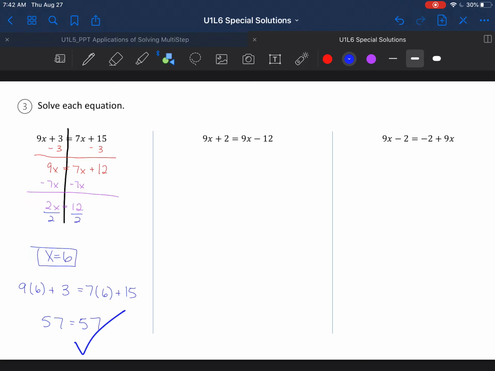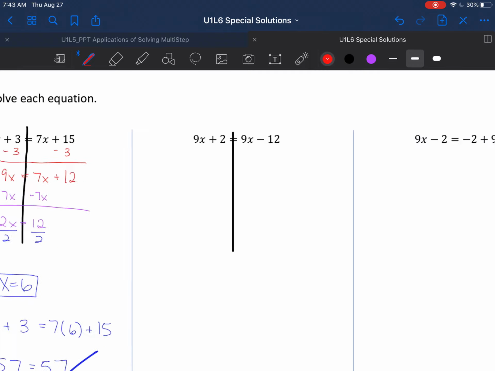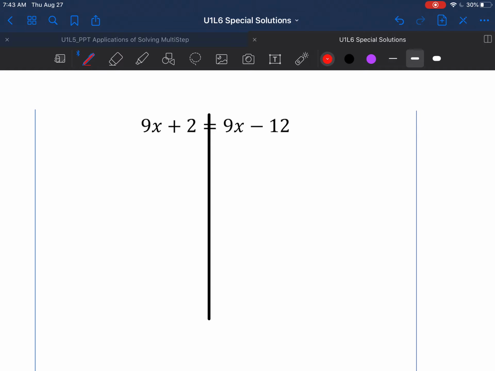I'm going to do the same by drawing the river. Not in blue. I like it in black. There we go. And from here, we do not need to distribute, we do not need to combine like terms, but as you can see, the coefficients of the variable are the same, and the constants are different. So when these are the same and the constants are different, let's see what happens.